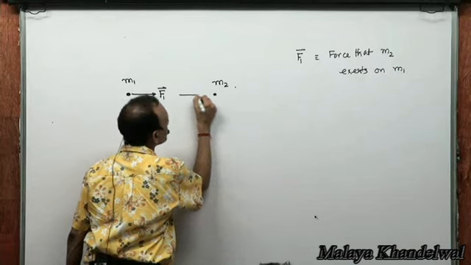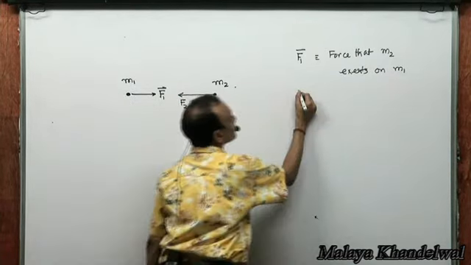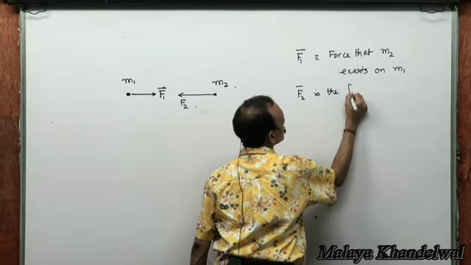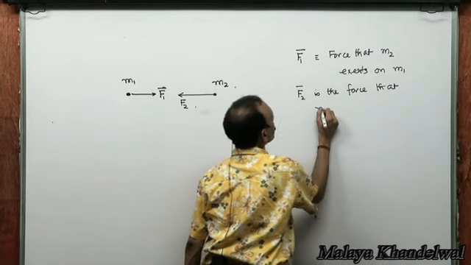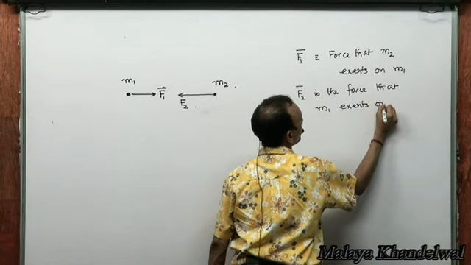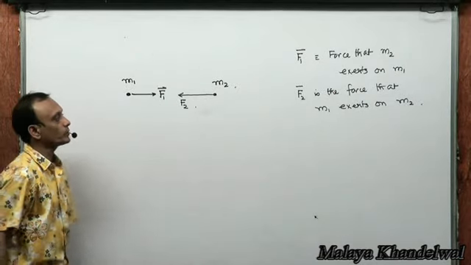And F2 is the force that M1 exerts on M2. Right?